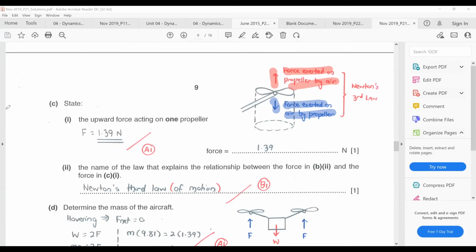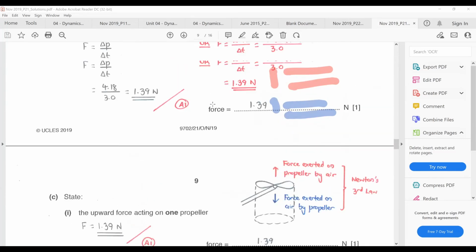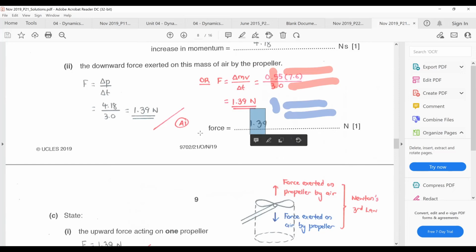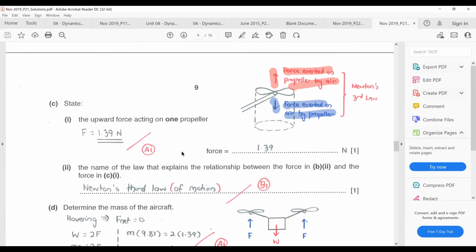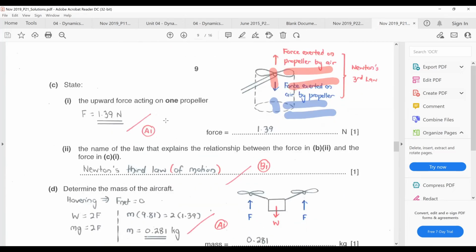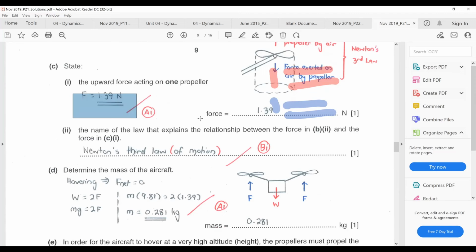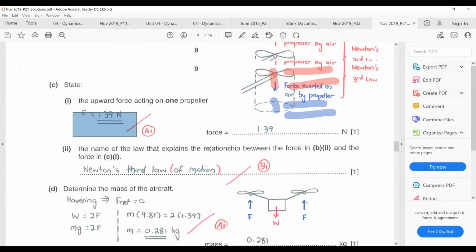You already found out the force exerted on the air by the propeller as 1.39 Newton. So the outward force acting on the propeller will be the equal and opposite of that. It is going to be 1.39 also, just that it's acting outwards now.